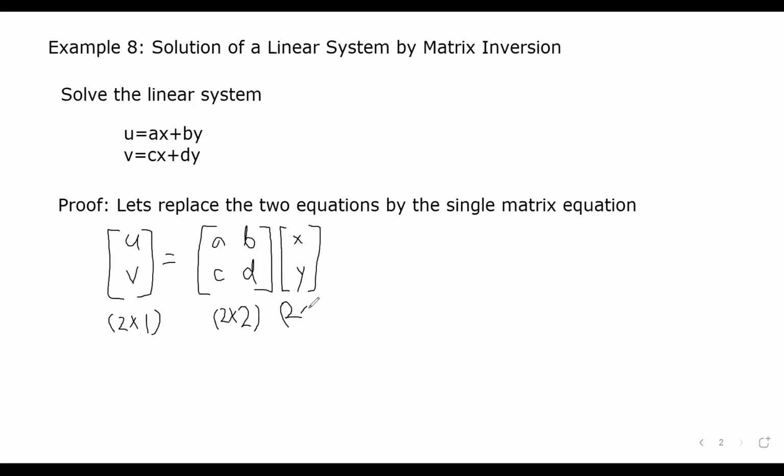You can multiply them because the inner entries are the same, and the outer entries determine the size of the result. So this resulting matrix is a 2x1 matrix, and both sides are 2x1 matrices.